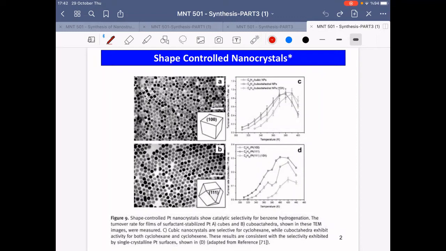Another example can be given as shape-controlled catalysis, which after our class, Deniz Üner will give you more detailed examples on. But changing the morphology or the shape of nanocrystals makes a big deal in the world of catalysis, for example.